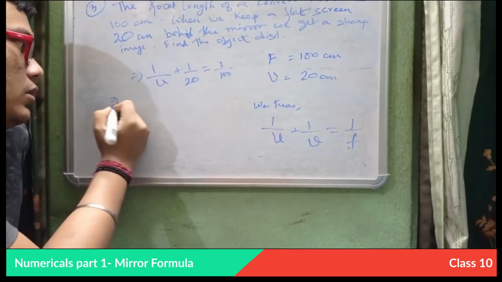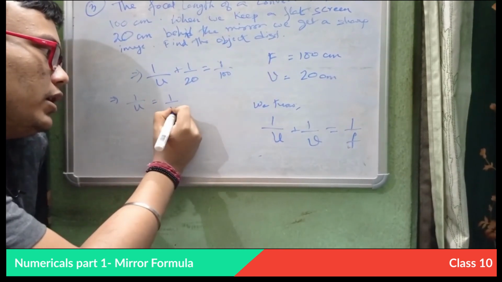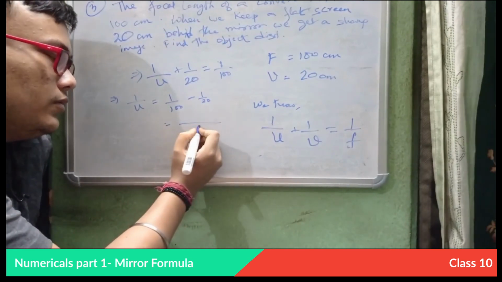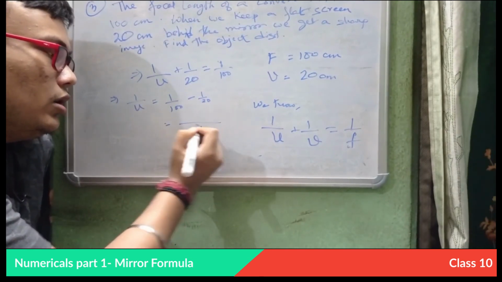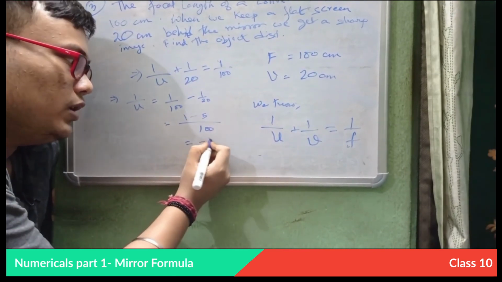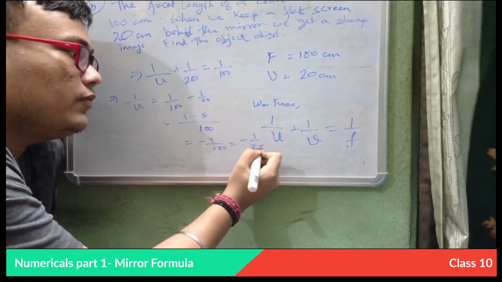If we take this quantity to the right-hand side, we get 1 by 100 minus 1 by 20, that is, 1 minus 5 over 100, that is minus 4 by 100, which gives minus 1 by 25.